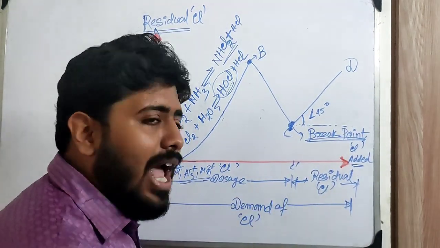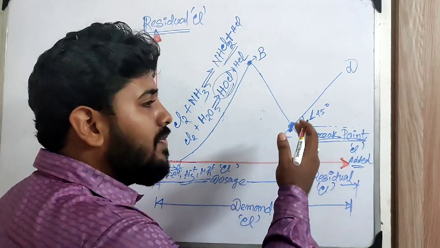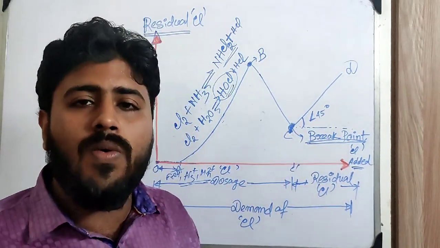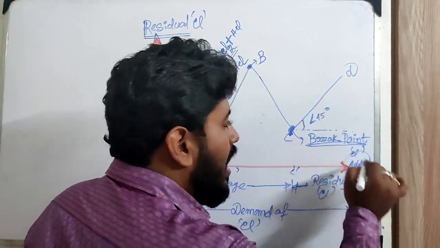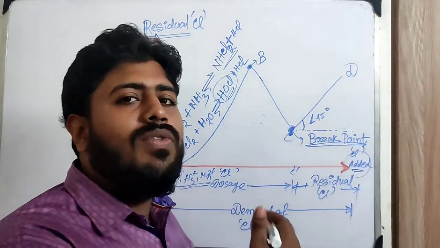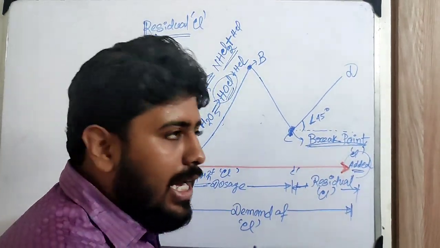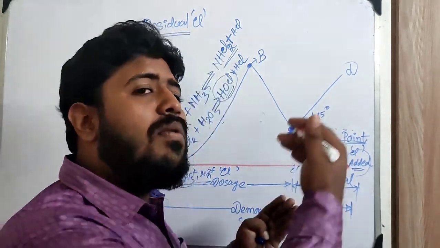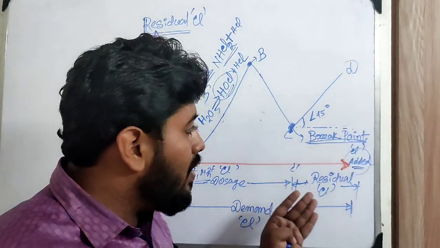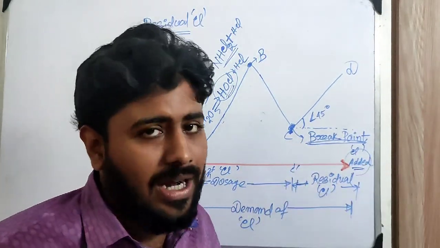In this zone, when chlorine reacts with water, it doesn't make any compound, and that's why however much chlorine we add, that same amount of residual will be generated in this zone. It means if we are adding X amount of chlorine, X amount of residual will be generated, because chlorine is not further reactive.